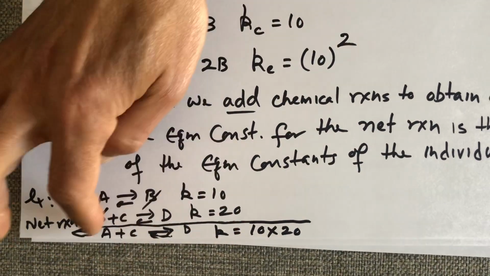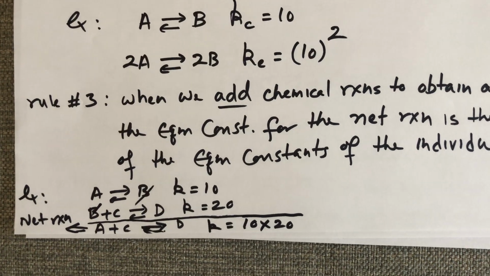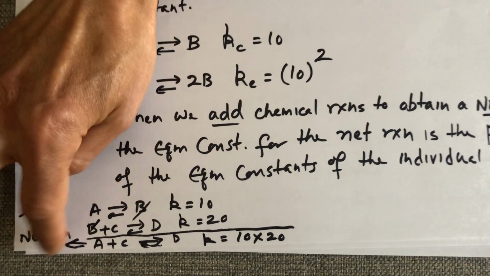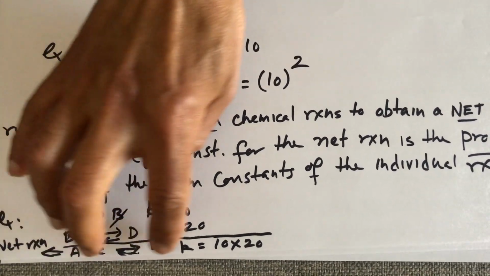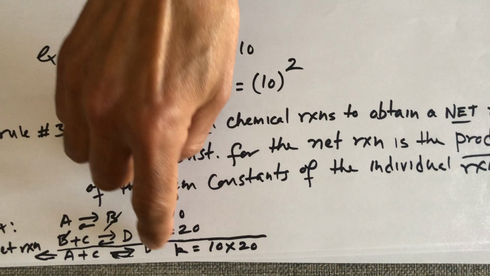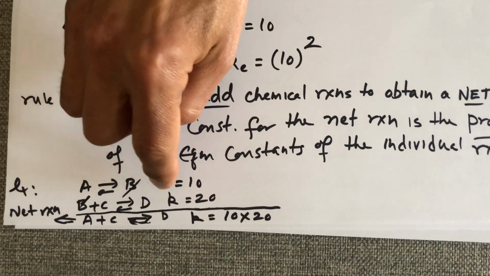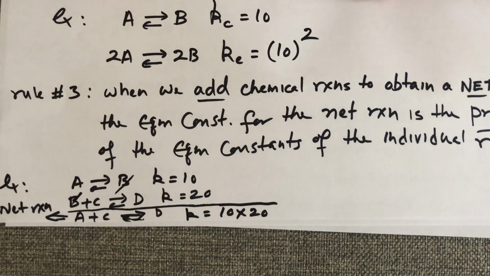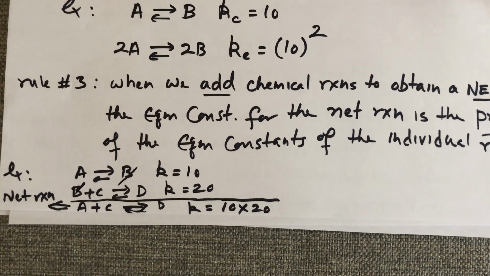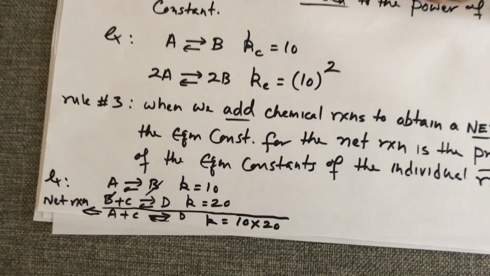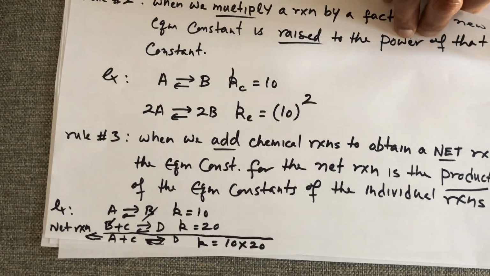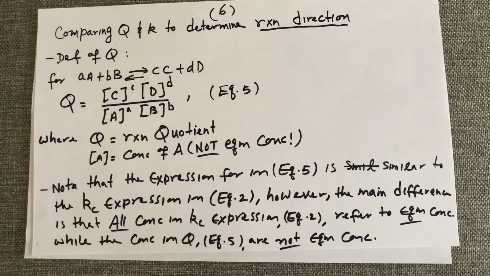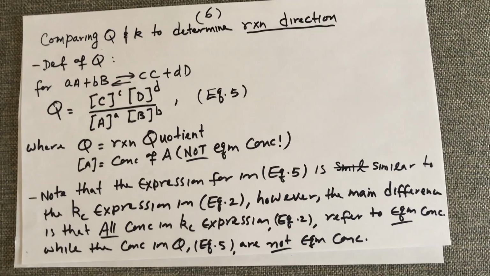So that is called the net reaction, A plus C going to D. The net reaction has a K, which is not the sum of the individual K, but instead the product of the individual Ks, which is 10 times 20. So when you add reactions to get a net reaction, then the new reaction has a K that is a product of the old Ks.